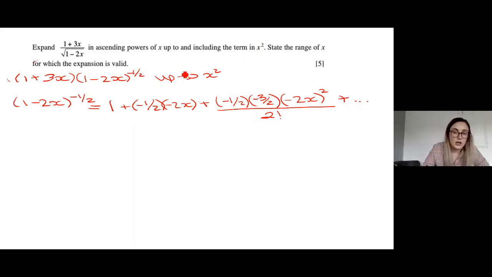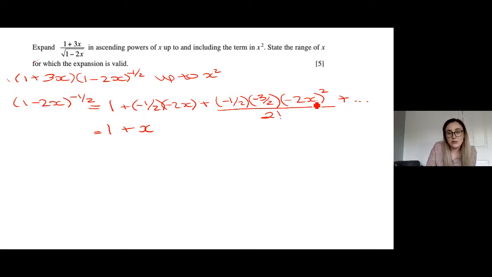Okay, so sorting this bit out, I get 1 plus minus a half times minus 2 is going to give me just a positive x. And then if we sort this bit out here, minus a half times minus 3 over 2 is going to give me 3 over 4. Yes, it is 3 over 4.